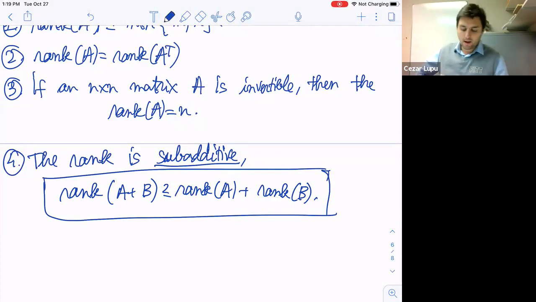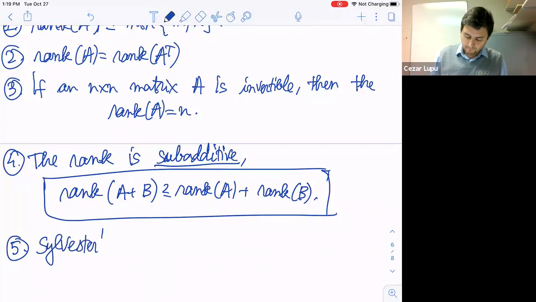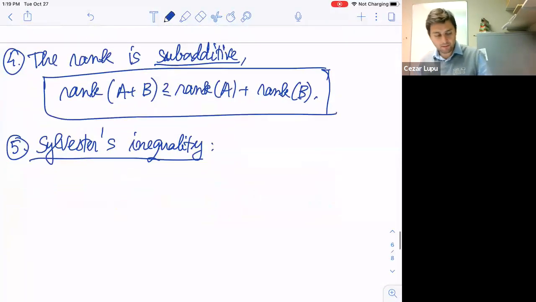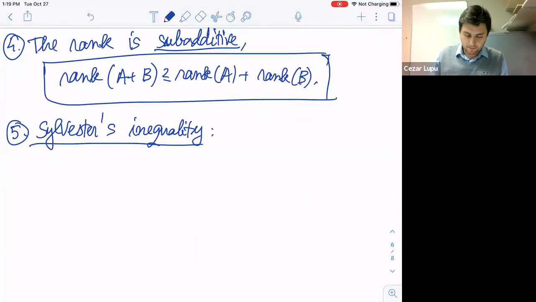Okay, and the last one, well, we have more general, but let me, with what we call Sylvester's inequality, which says the following: the rank of A plus rank of B minus n is less or equal than the rank of AB.